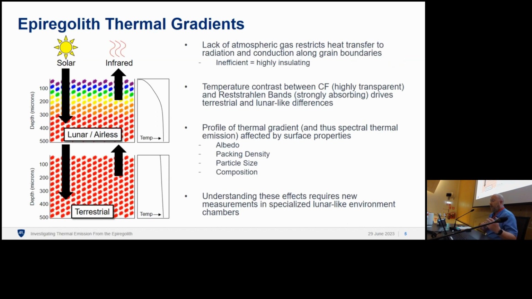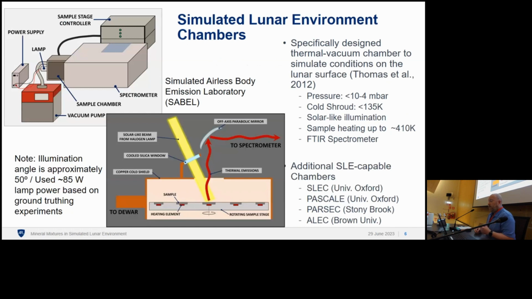The strength of this thermal gradient is affected by a lot of different things. I'll talk about albedo and composition today, but it's also affected by packing density and particle size and other factors. One of the critical tools for investigating this is these specialized environment chambers. I run one of these chambers at APL. It's called the Simulated Airless Body Emission Laboratory, SABLE.